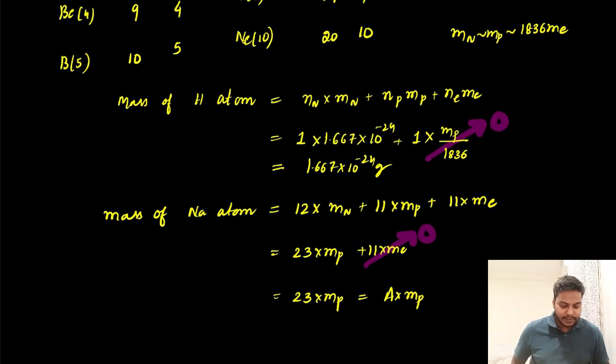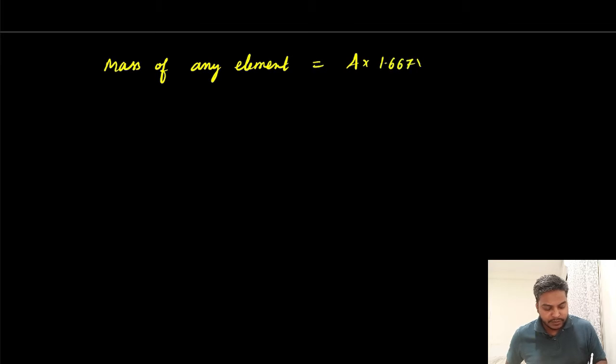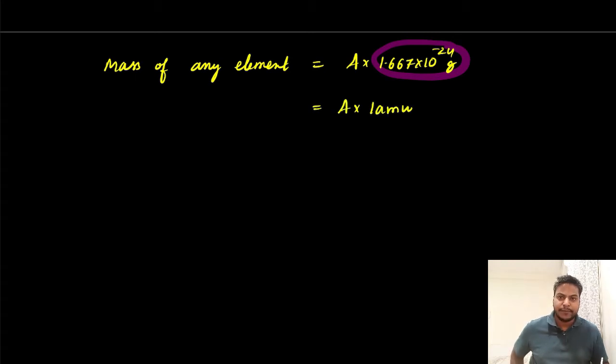So the idea here is, if you want to calculate the individual or absolute mass of any element, the mass of any element will be equal to its mass number A multiplied by this 1.667 into 10 raised to minus 24 grams. And you know that this is very close to that 1 AMU value, so we can write this as A into 1 AMU approximately.